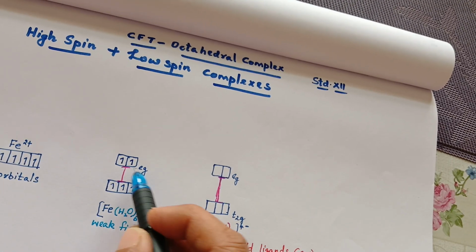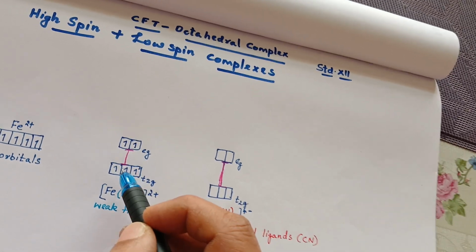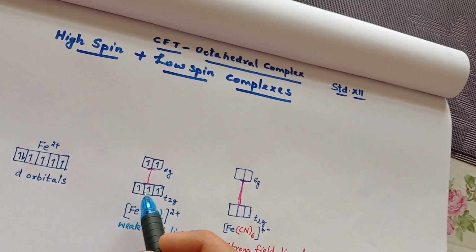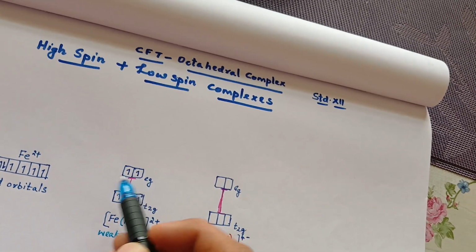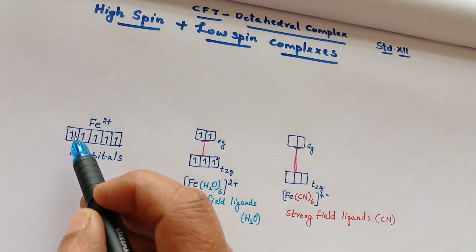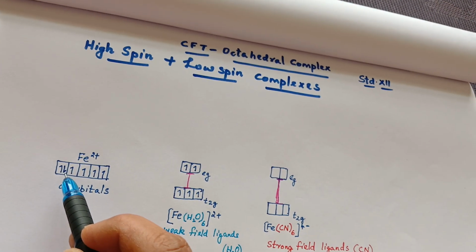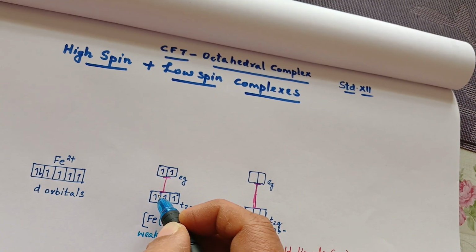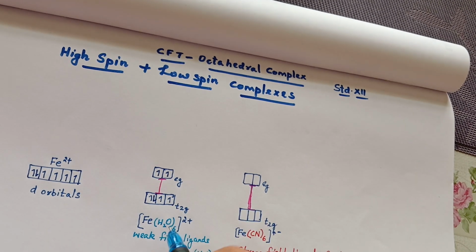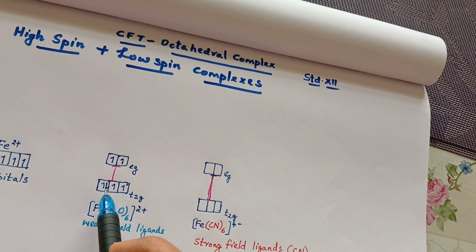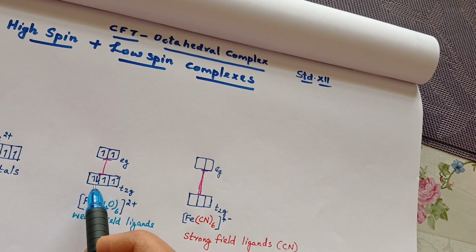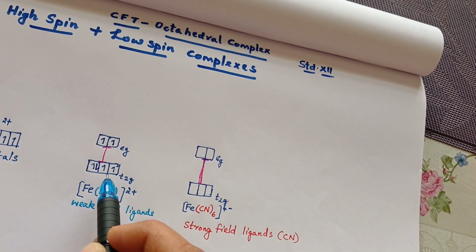Now each of these orbitals is singly occupied, that is, 1 electron each in each of these orbitals. Now how many electrons are left? We have 1 more electron, and that electron will come here. Then this T2G set, the first orbital, will start getting paired.